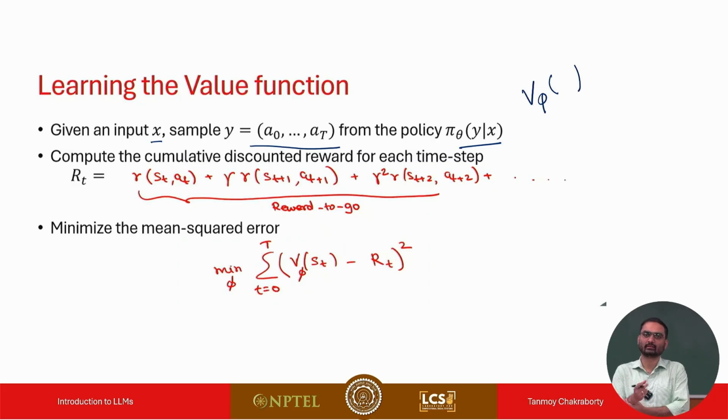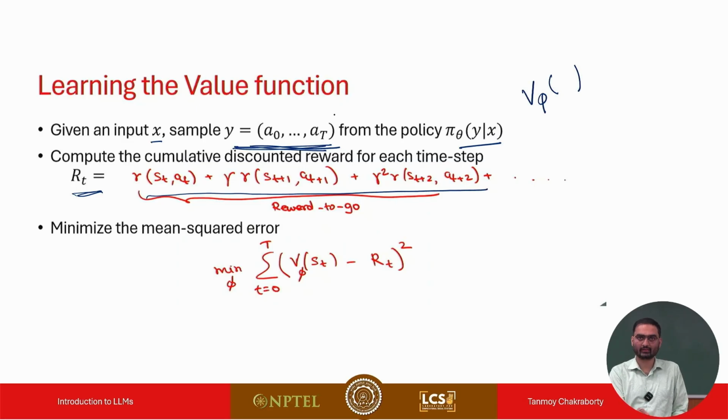The ground truth is essentially the reward. Given this response, I have this reward model, so I can calculate the discounted cumulative reward, which is this one.